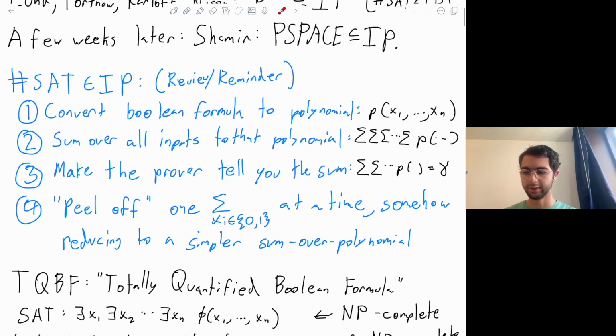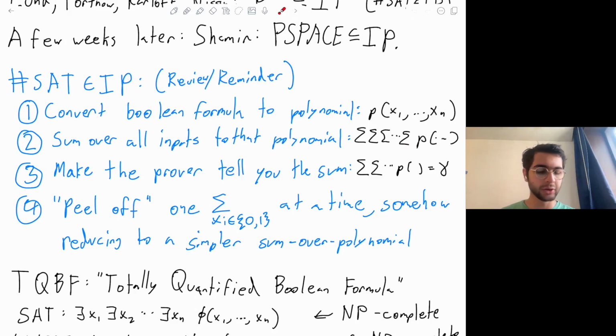So let's start by reviewing this sharp SAT is in IP result. The steps, if you remember, are: you take the Boolean formula you get in, some quantified Boolean formula, and you turn it into a polynomial. Then you sum over all the 0, 1 inputs to that polynomial. So you have all these sums: over the first variable, over the second variable, and then over the nth variable.